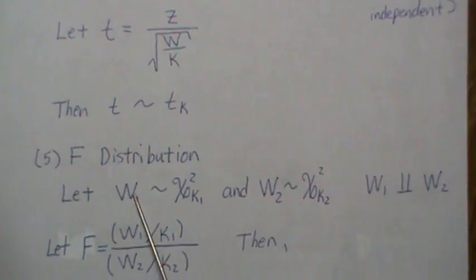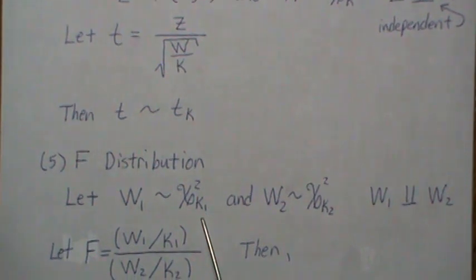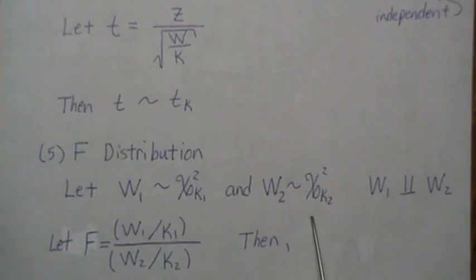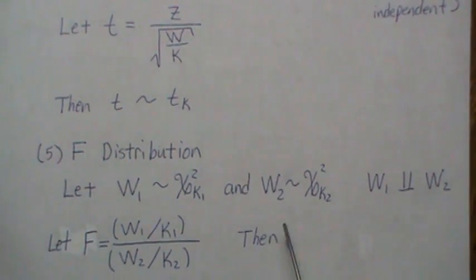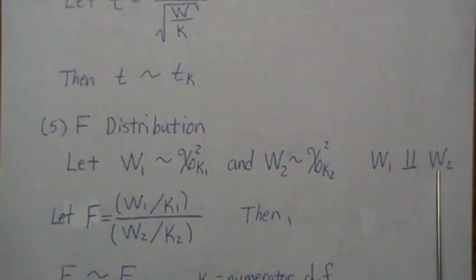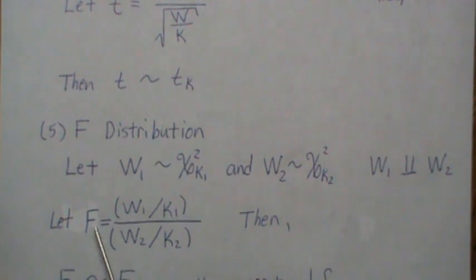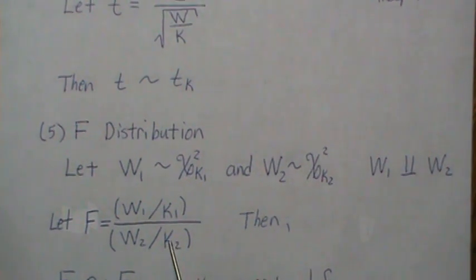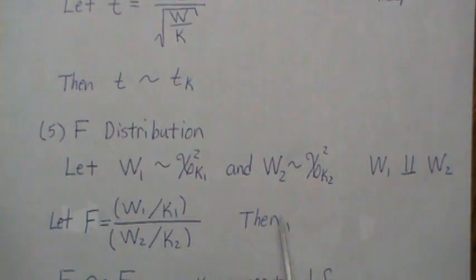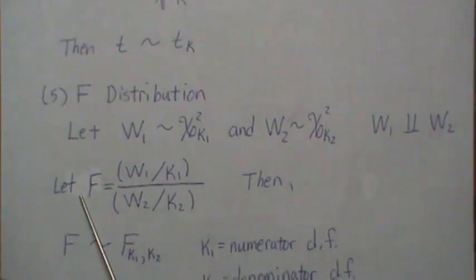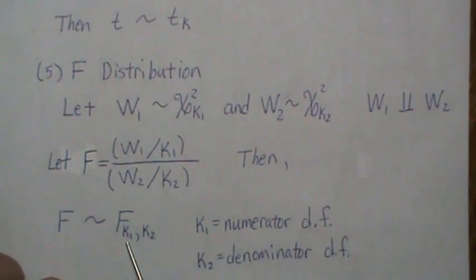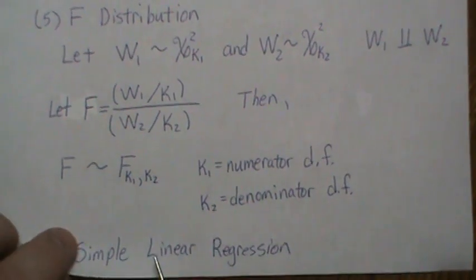An F distribution: w1 is chi-squared with k1 degrees of freedom, and w2 is chi-squared with k2 degrees of freedom, and w1 is independent of w2. If we let F be the ratio of w1 divided by its degrees of freedom to w2 divided by its degrees of freedom, then F has an F distribution with k1 numerator degrees of freedom and k2 denominator degrees of freedom.